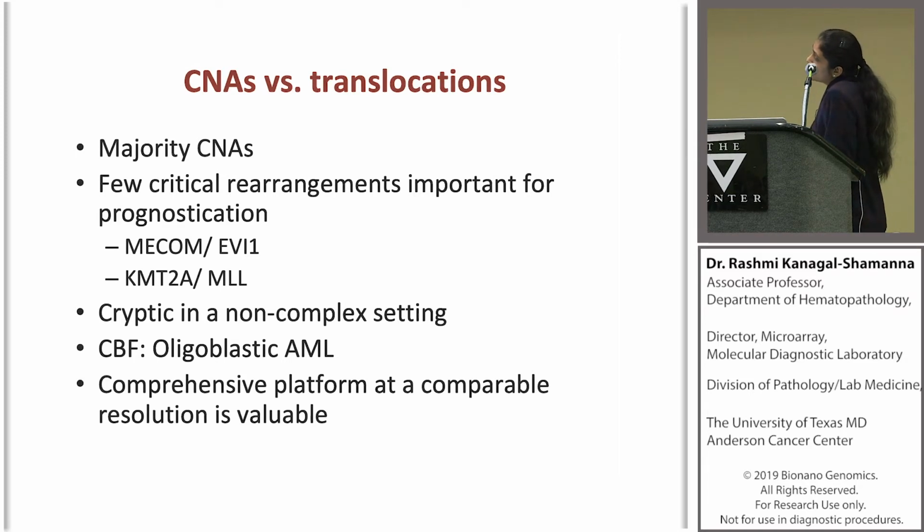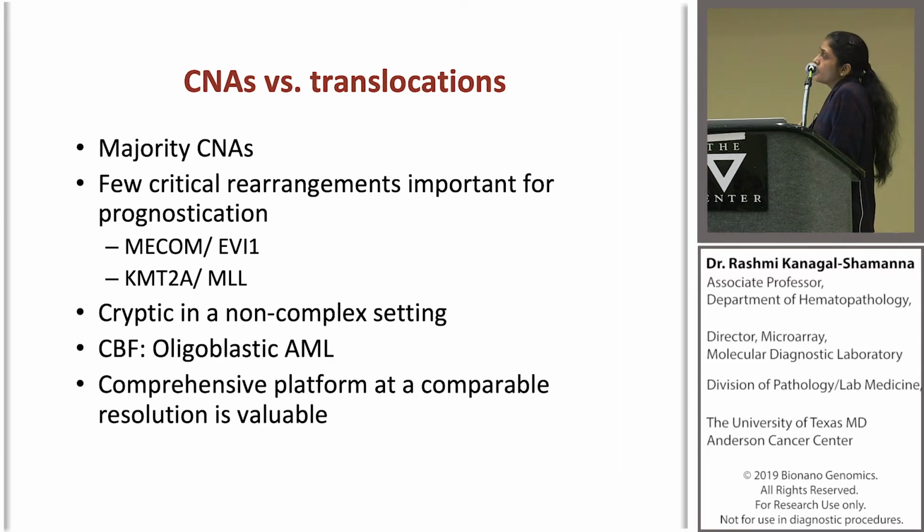And the second point I wanted to make is certain types of acute myeloid leukemia, which we call core binding factor leukemia. These can occasionally present with low blast count and along with dysplasia, leading to a misdiagnosis of MDS. The reason it's important to identify these core binding factor leukemias is that the treatment is completely different.